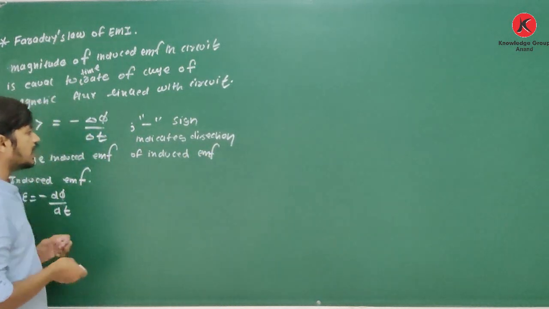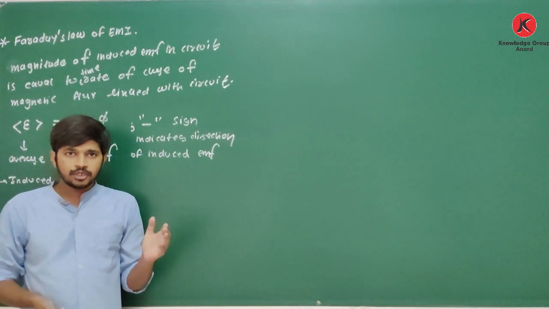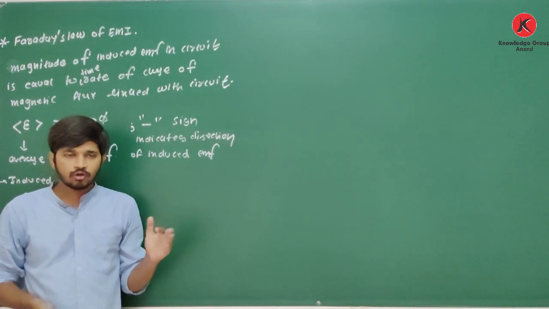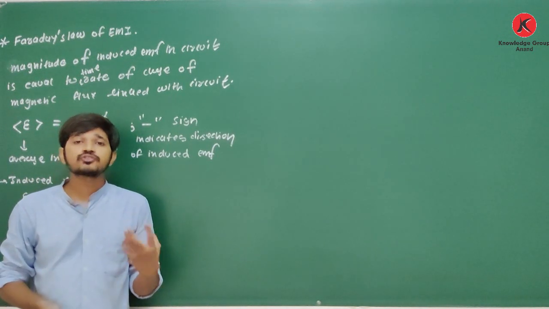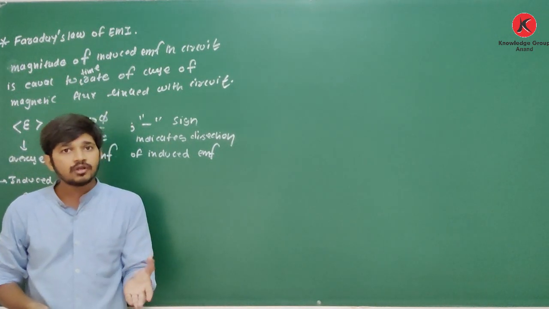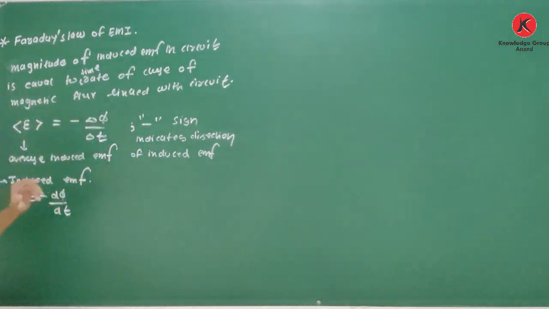Now you may ask, why is this word EMF used? We have proved in experiment that due to relative motion or due to change in magnetic flux, current is produced in the coil. What is the source of producing current? EMF. So current is produced, it means its source, EMF, is produced. So that's why we have to find EMF.